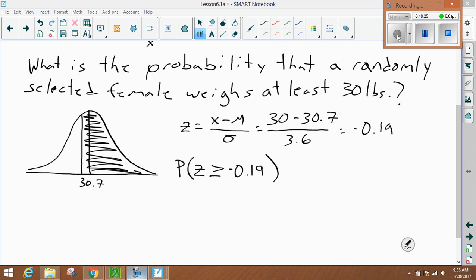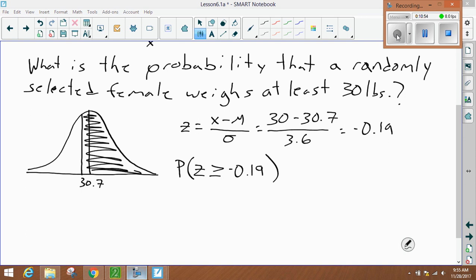In order to find this, we need to find an entry for negative 0.19, right? And then we can take the complement. There are actually a bunch of different ways we can do that, right? We could also look at the other side since they're proportional. We could look at the entry on the table for positive 0.19, and that would be the same as well.